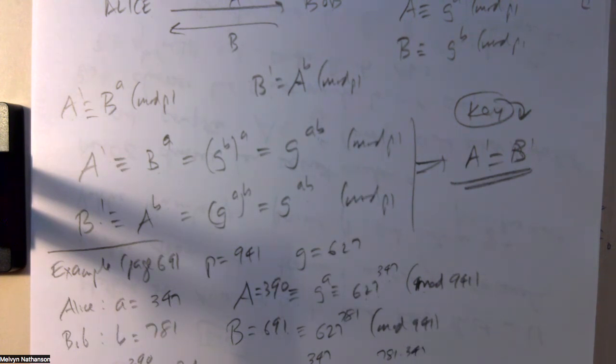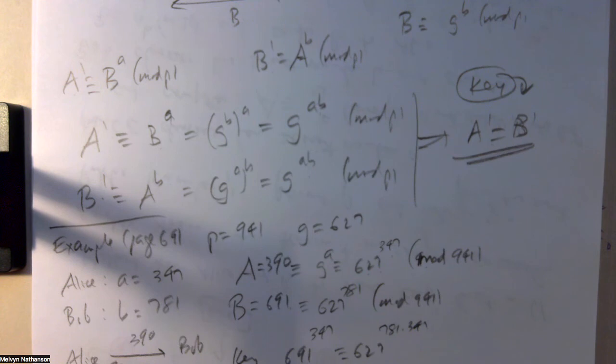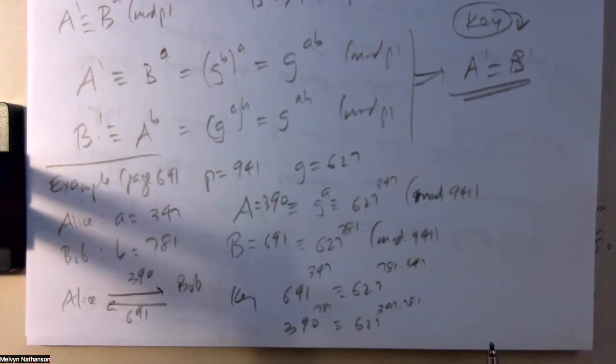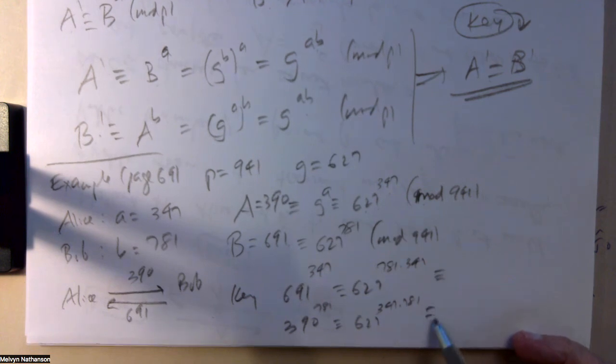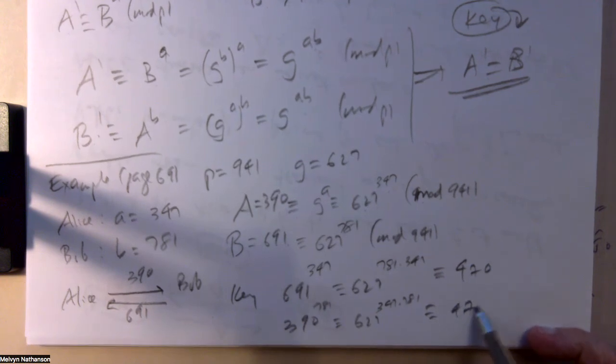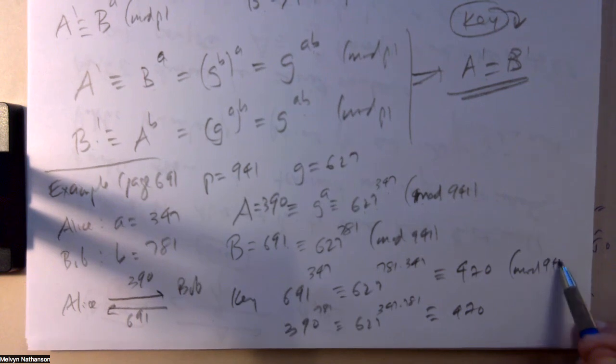And Bob takes 390 and raises it to the 781st power, which is 627 to the 347 times 781. Again, these are trivial on a computer to calculate. You just don't want to do it by hand. And each of these numbers, as it turns out, your computer does the calculation for you, is 470, modulo the prime, 941.